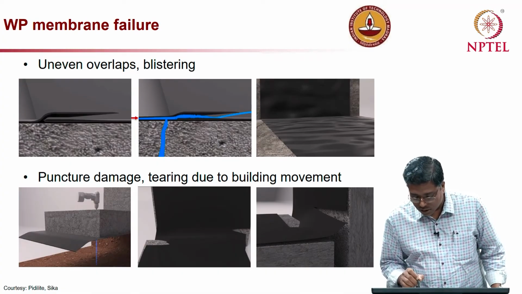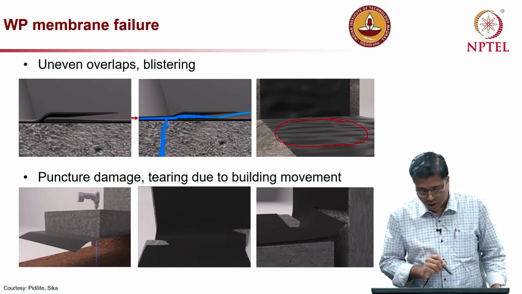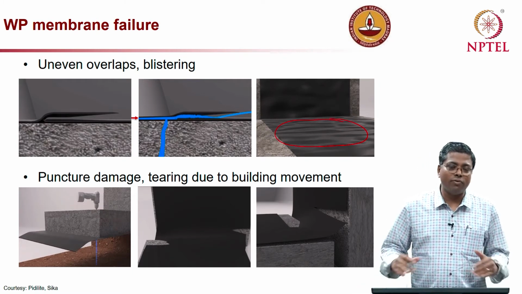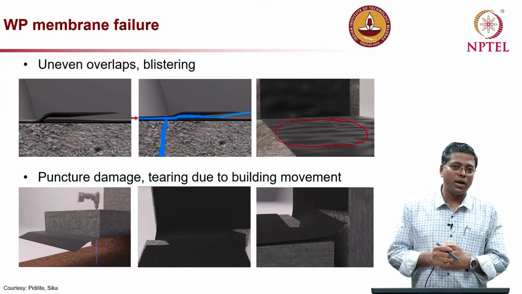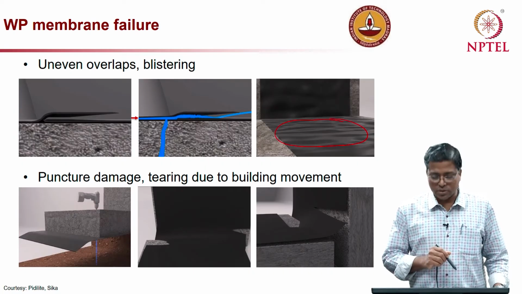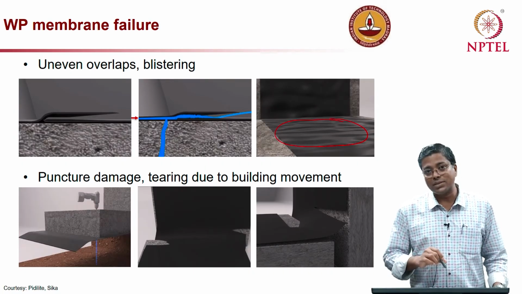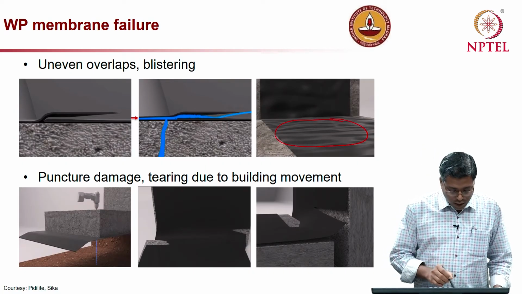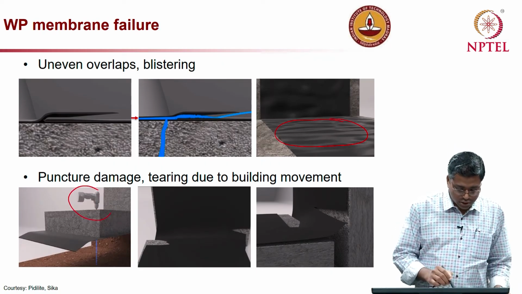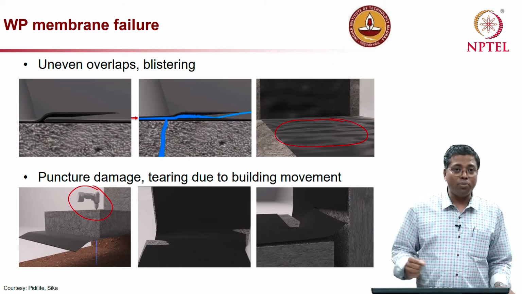So, you can see on the right side a lot of blistering and an uneven surface, which also indicates that there is no bond between that element and the concrete. If this is actually a negative waterproofing system, then it is not really going to last that long. And also, during construction, people can use tools like drills and all that, which can puncture it.